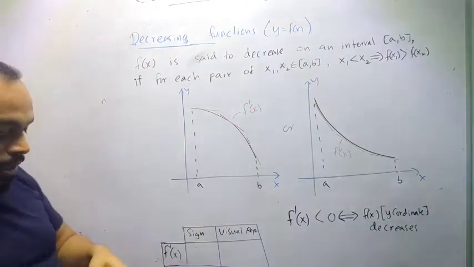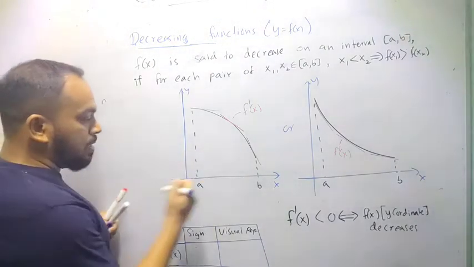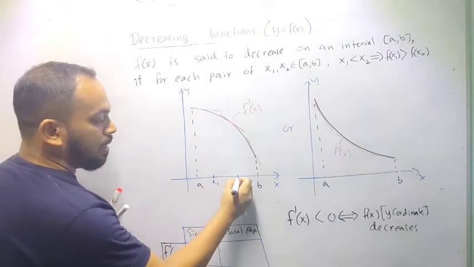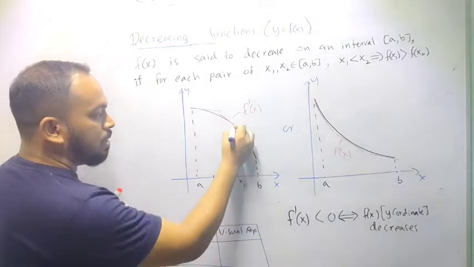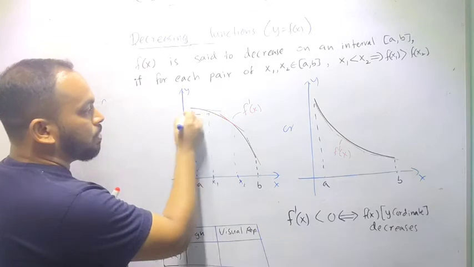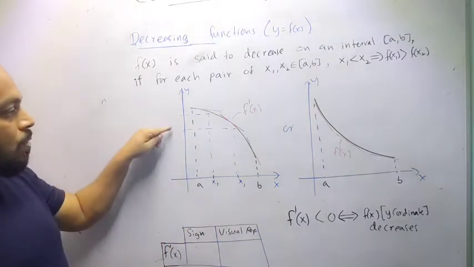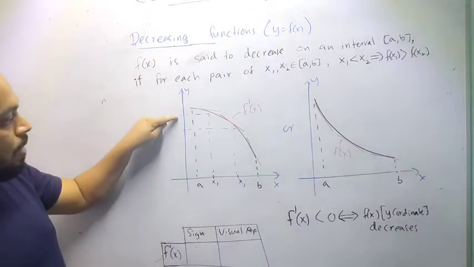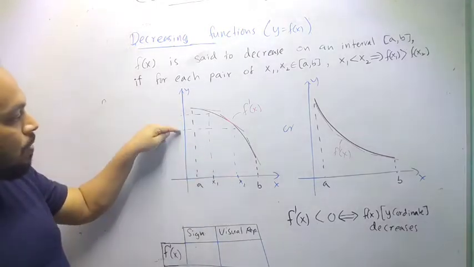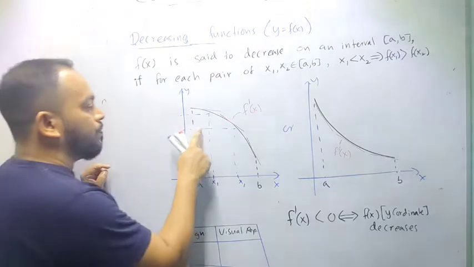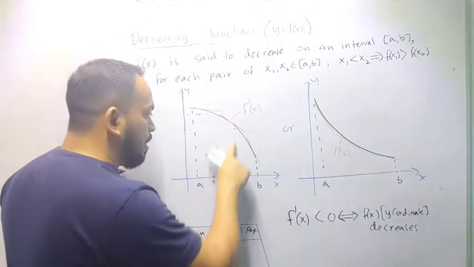So suppose this is x1 and this is x2, you can see the function decreases. What is meant by the function? That means the y coordinate, here and here. So the function decreases.